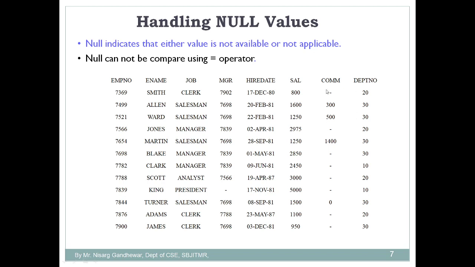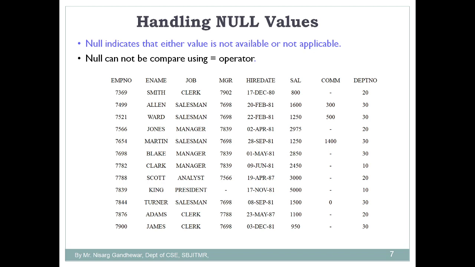Wherever you find that a value is not available, we can say that it's a null. Handling of null is very important in a database. Null cannot be compared using the equals to operator. This is the important thing that you should know about null: it cannot be compared using the equality operator.